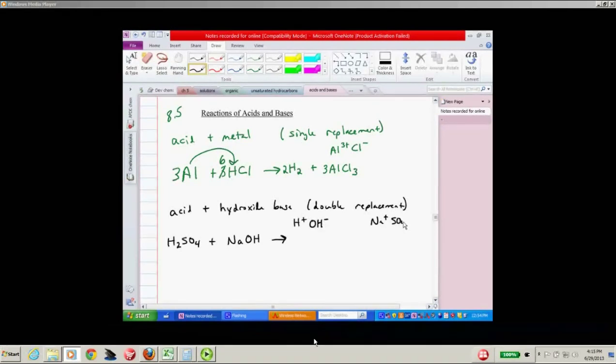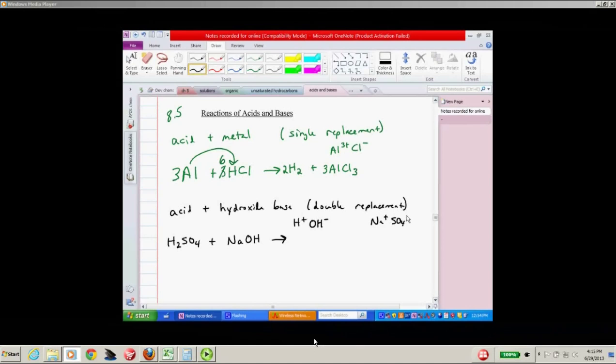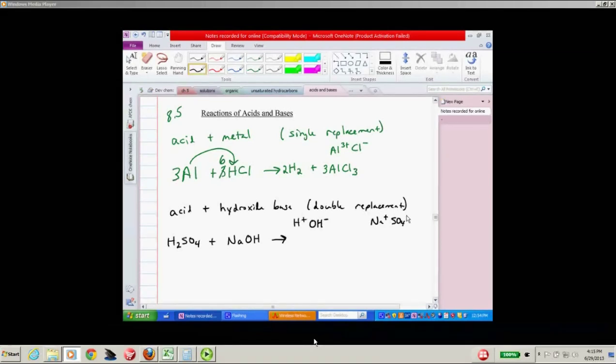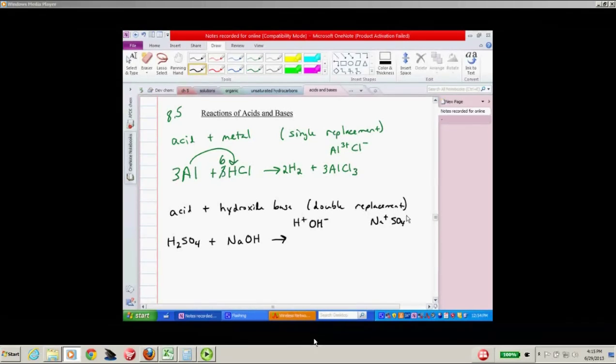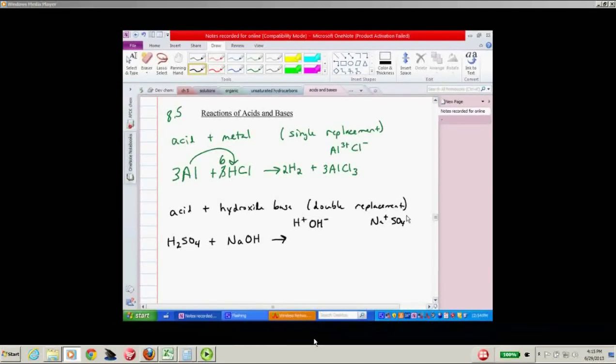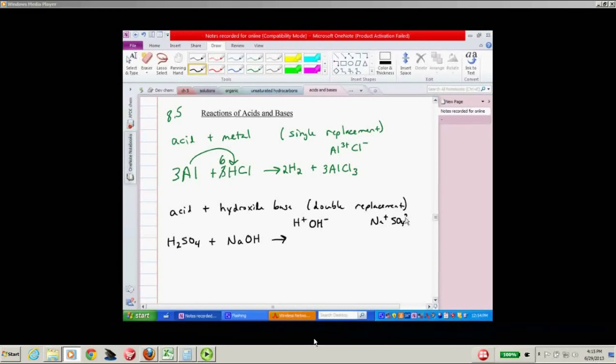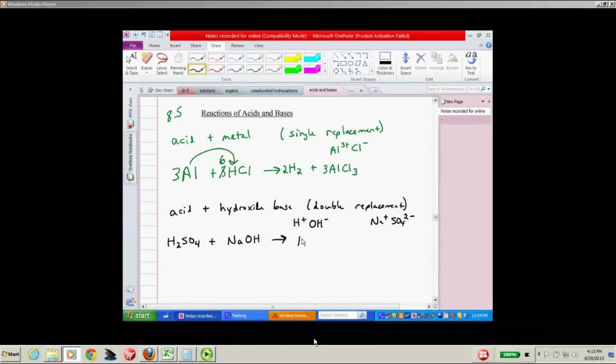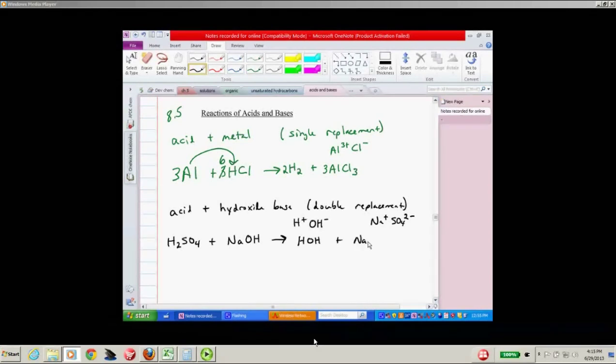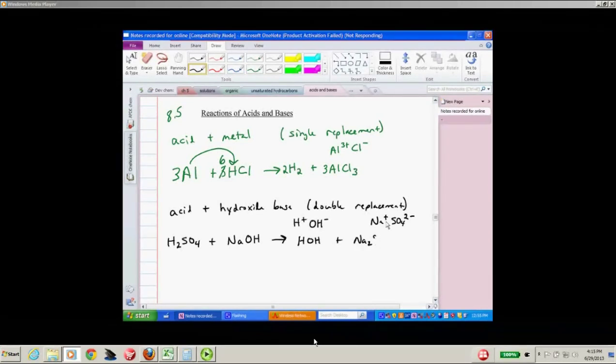And Na+ is going to be with the SO4 2-. See, the negative ions traded. So after we figure out which ions go together, we need to crisscross charges to get our formulas. So we get HOH, which is another way of writing water, and Na2SO4.